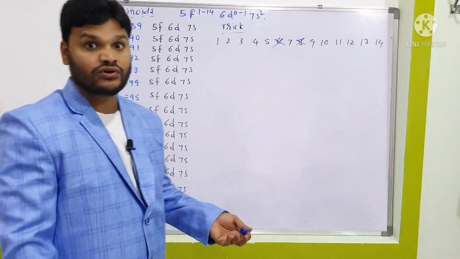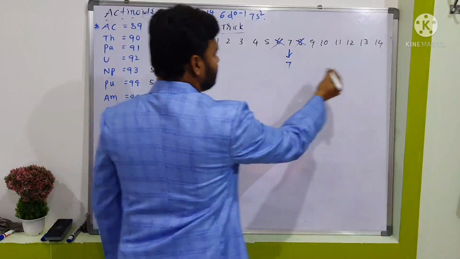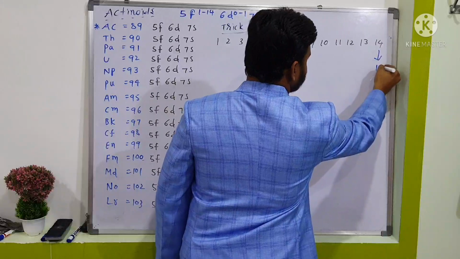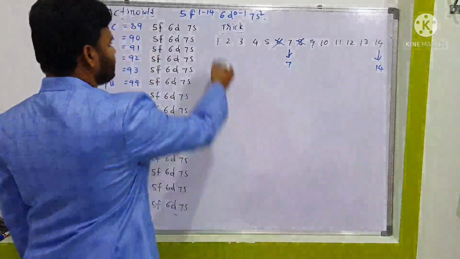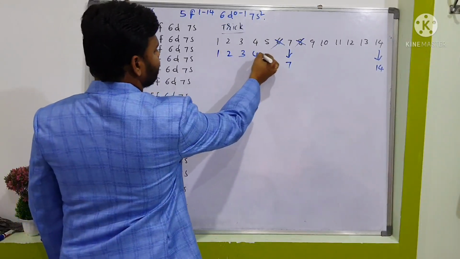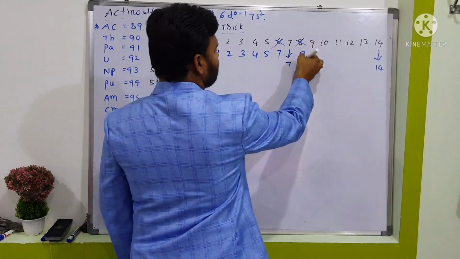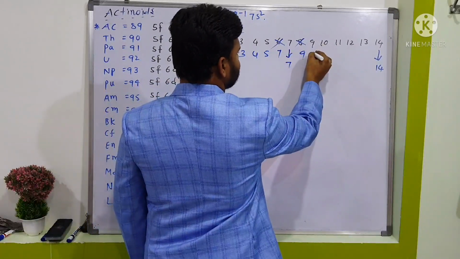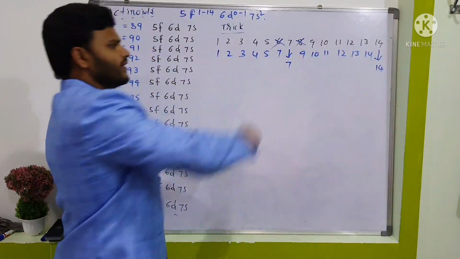At the same time, don't change 7 and 14. Next, don't take 6 and 8. Next, as usual, 1, 2, 3, 4, 5. 6, next number 7. 8, next number 9. As usual, next numbers 10, 11, 12, 13, 14. You have to write like that.